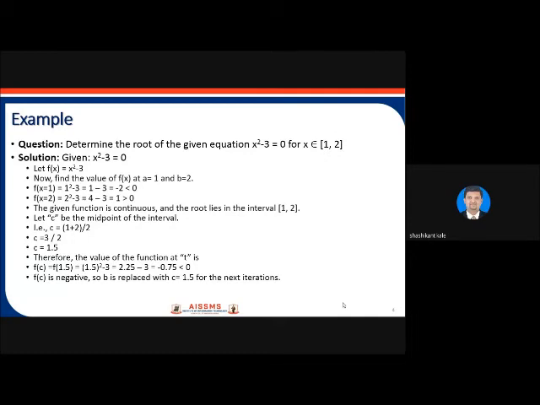So the new a will be the value of c, which is 1.5, and we continue to repeat this process for further iterations. Likewise we can find the approximate roots of the characteristic equation.